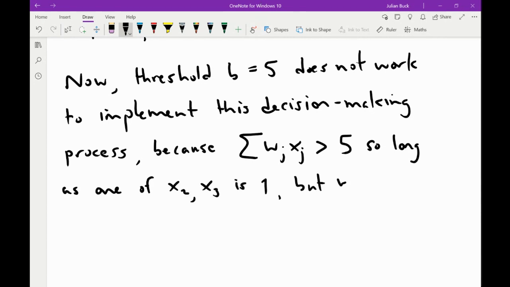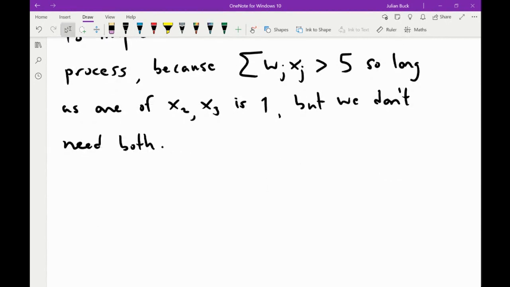But we don't need both. So that doesn't describe the scenario given here. For instance, if it was transit accessible but didn't have food, this would output a number of at least 6, and so you would go. But that's, of course, not what we want. So what we're going to do then is raise the threshold.